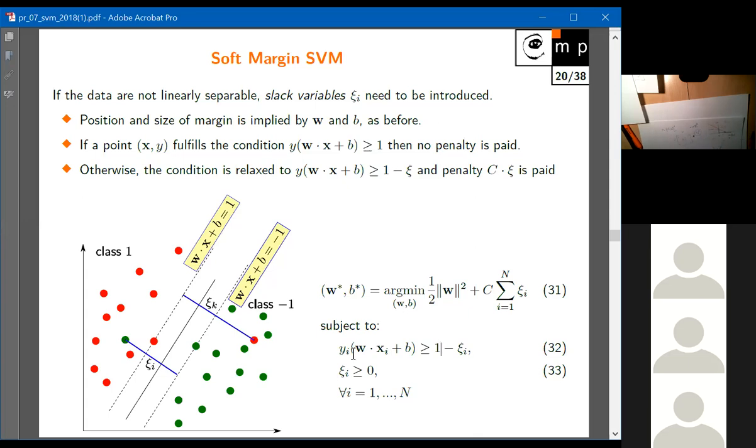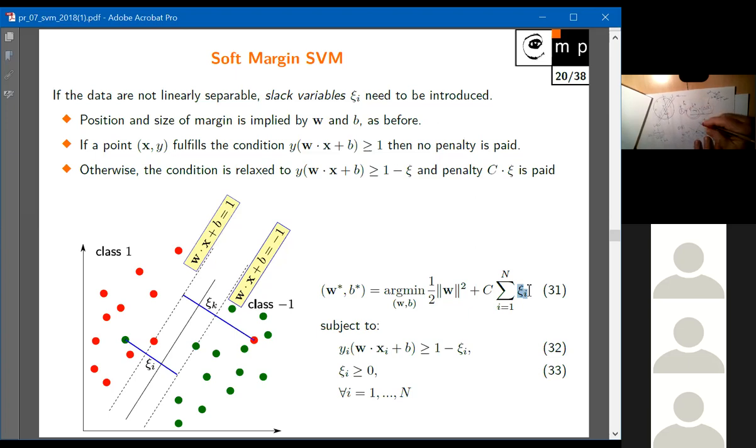Okay, so now we have an optimization problem which is always feasible. There will always exist a W and B which can solve this. And the price we paid is that we cannot fully justify it. We are not optimizing what we would like to do, because if you remember the original formula here, we would like to minimize that, but we are actually now not minimizing it.